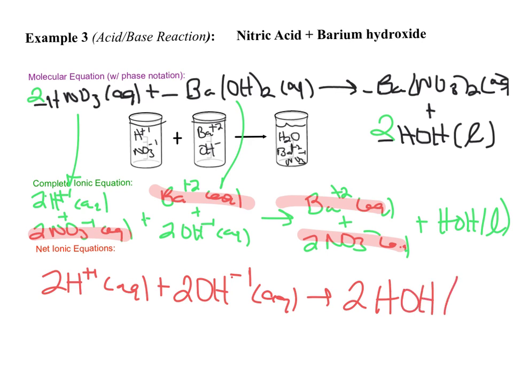Now if you look at this, all of these guys have a coefficient of 2, which means you can actually reduce it. So each 2 can now be erased, and now it's really 1 hydrogen and 1 hydroxide coming together to form 1 water. So this is a neutralization where we're forming water. Remember, water is not aqueous, it's a liquid, so it stays together.